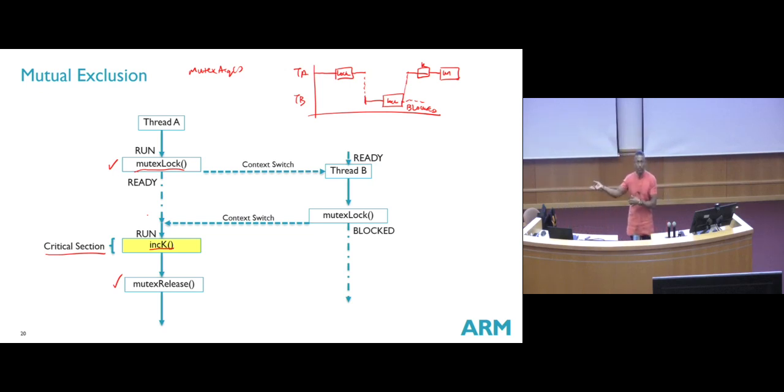Task B was waiting, so the OS automatically allocates the mutex to task B. Once I allocate the mutex to task B, what will the state change be? Block to ready, correct? It may not run immediately, but eventually it will run.